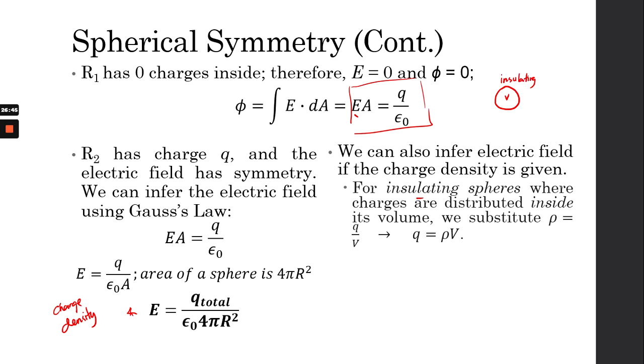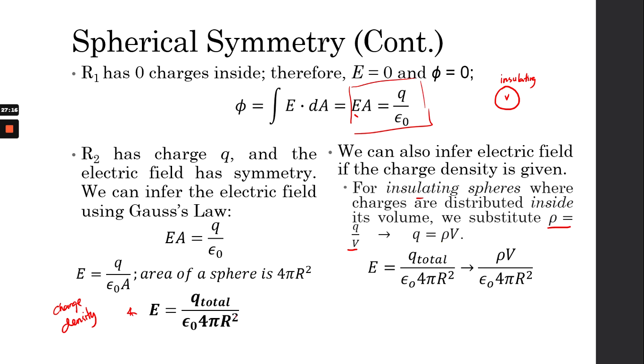So what we are going to do is take this equation right here, and change the Q into rho V, because you are given the density, or charge density. We derive this from our equation of volume charge density, wherein rho is equal to Q divided by the volume, where Q is equal to rho multiplied by volume.